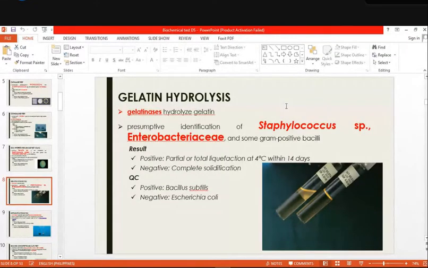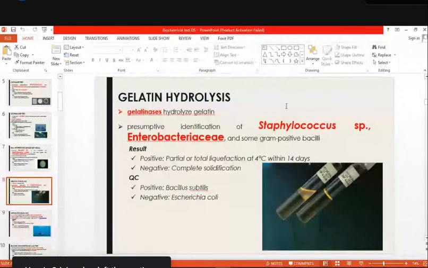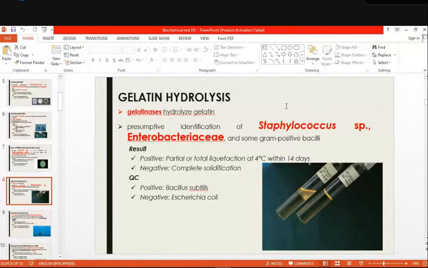After you have stabbed the test organism into our nutrient gelatin agar, we replaced agarose with gelatin. That is our media. Incubate both the inoculated and the uninoculated.